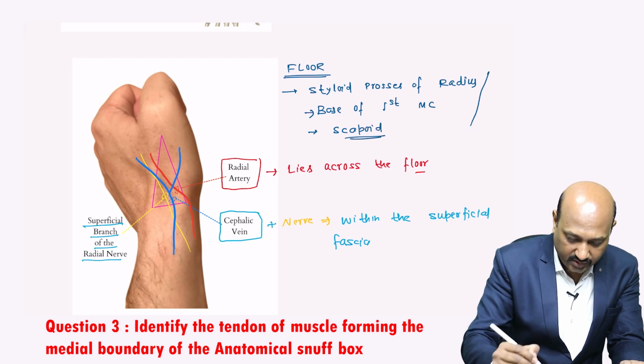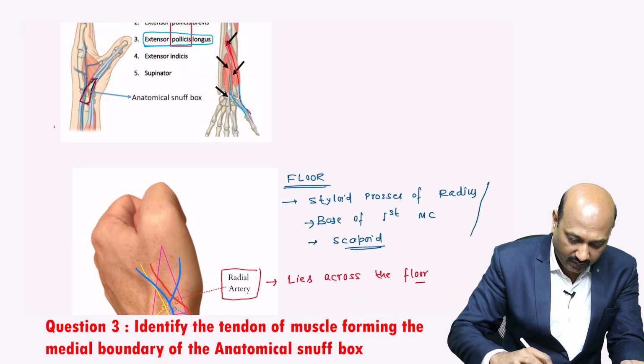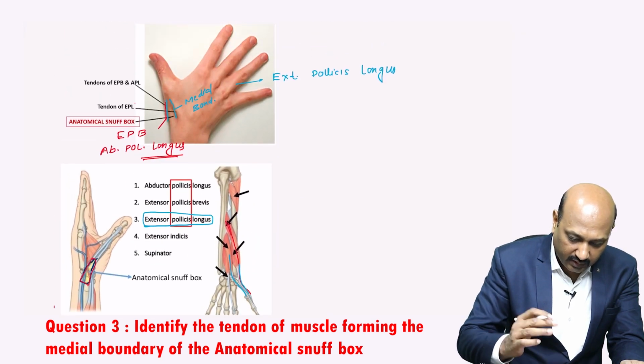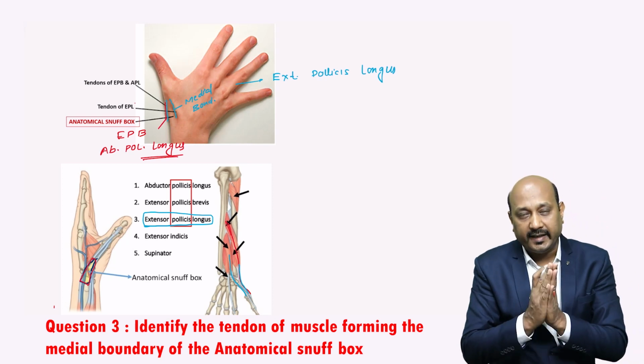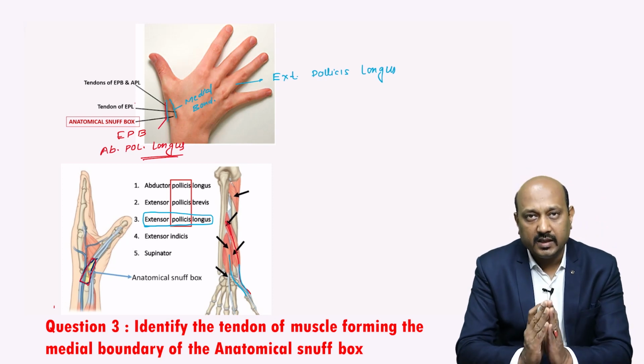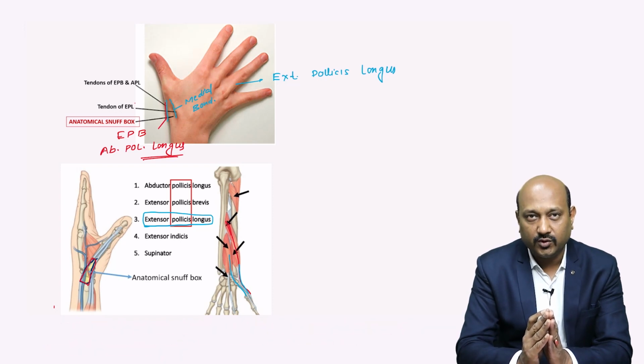So these three structures make the floor, and we already know about the lateral boundary and the medial boundary. These are the three questions that were asked in the recent exam, January 2024 FMGE. So thank you very much.